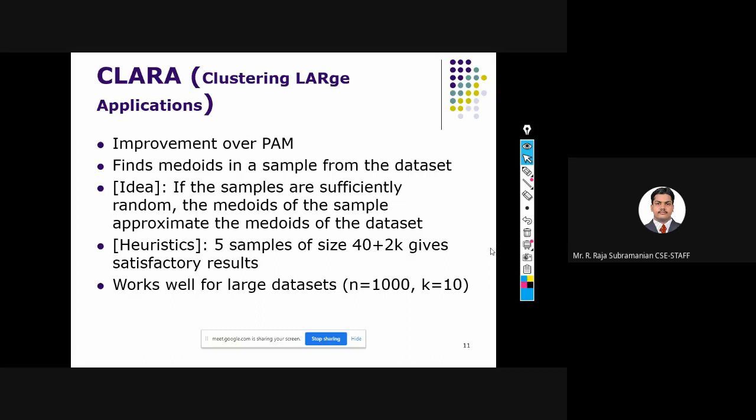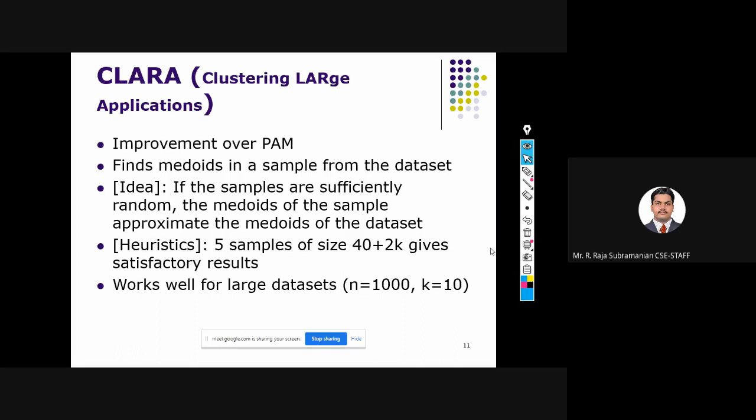Now, what Clara says is, why are you taking all the 1000 points? Instead of taking all the 1000 points, you take random samples out of those 1000. Say you take 100 samples, and out of that 100 you find the best 5 medoids. Since you are randomly selecting points, there will not be any bias, and selecting 5 out of 100 is not a high complexity task.